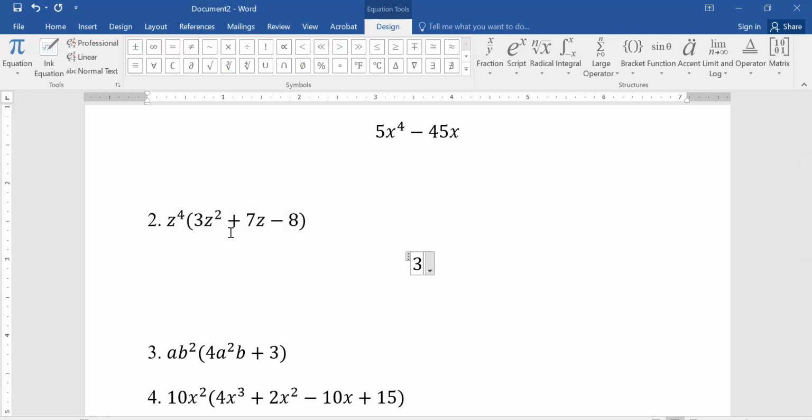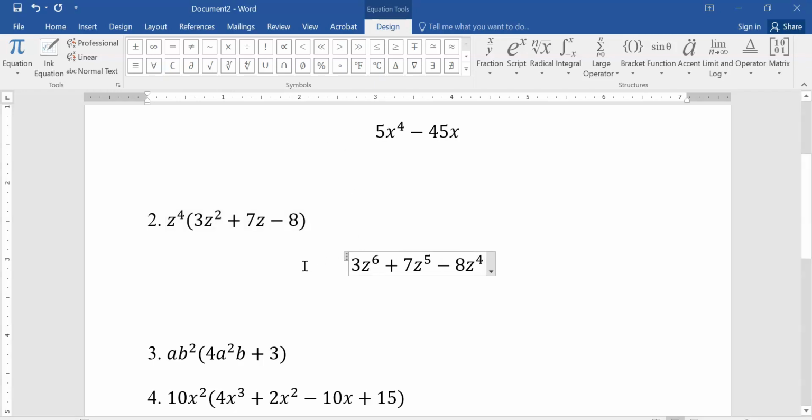You end up with 3z to the sixth. Z to the fourth times 7z, you're going to get a positive 7z to the fifth. Z to the fourth times a minus 8 is a minus 8z to the fourth.